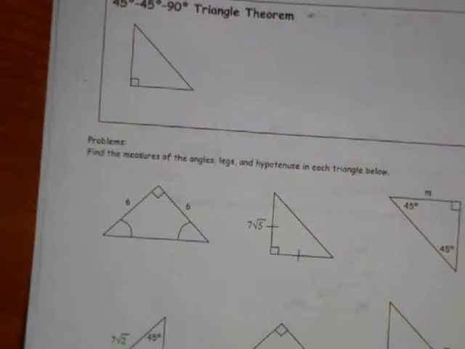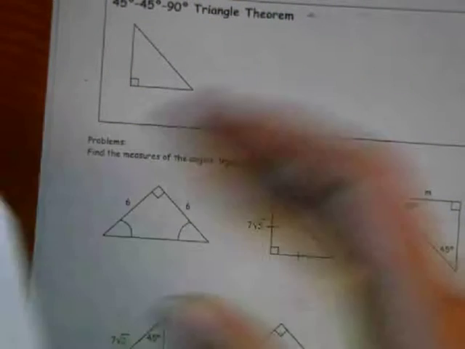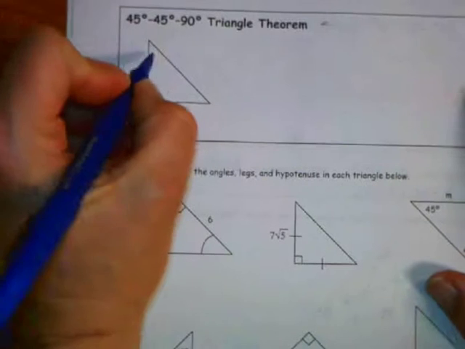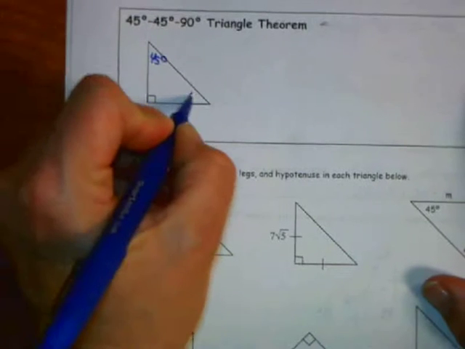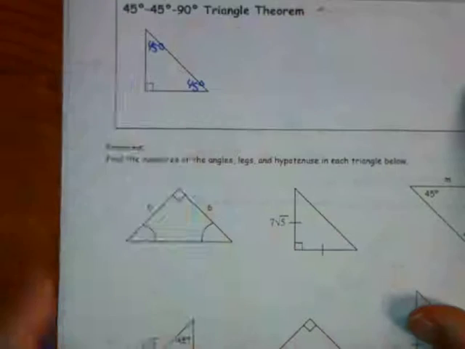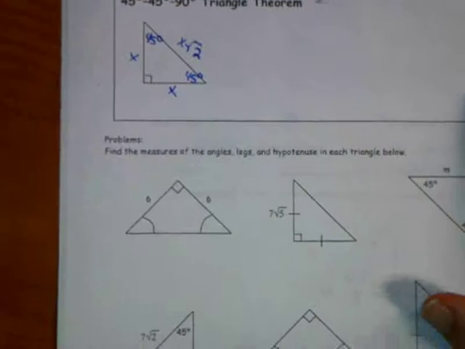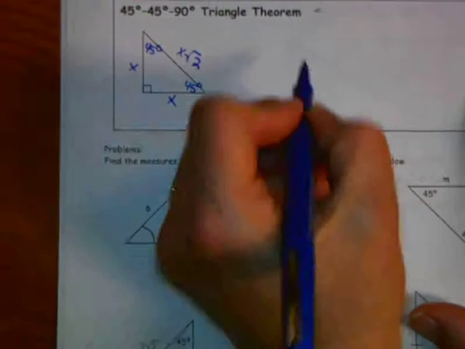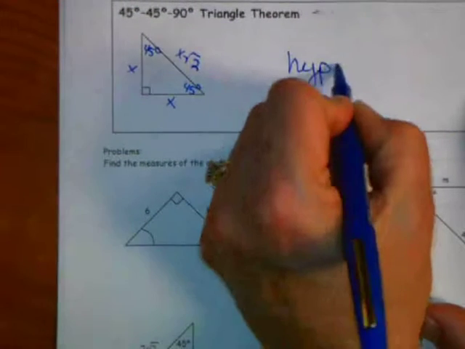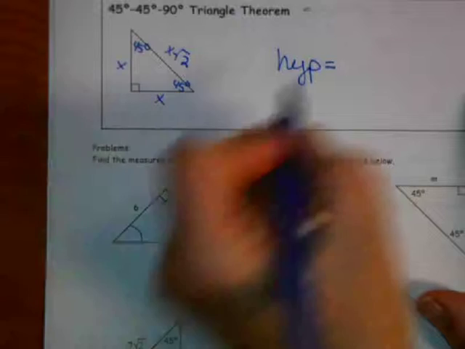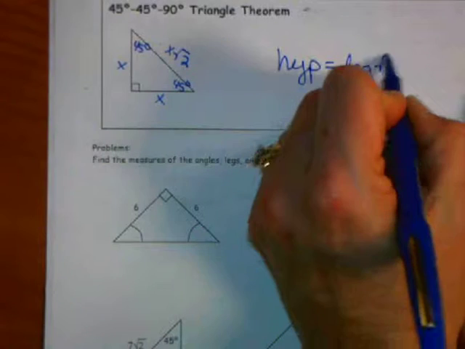So far. Let's turn the page and write down what that theorem is. It's the 45, 45, 90 triangle theorem. Basically what it says is, in any 45, 45, 90 triangle, the hypotenuse will be equal to the leg times the square root of 2.